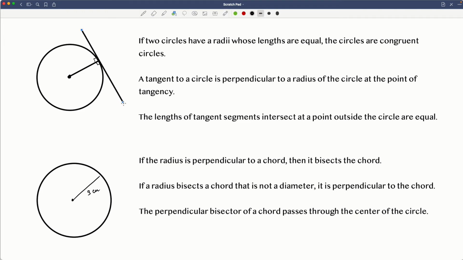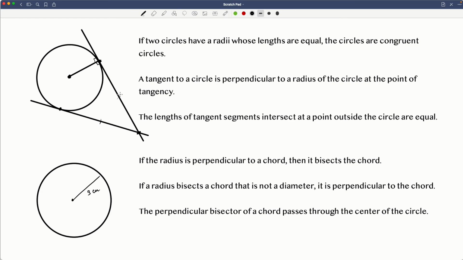Here's my point of tangency, and I'm going to draw another line right here, turn it into a tangent by making it touch like that. So this just says that from this point to this point, where they intersect here, these two sides are going to be congruent. That's all it says.